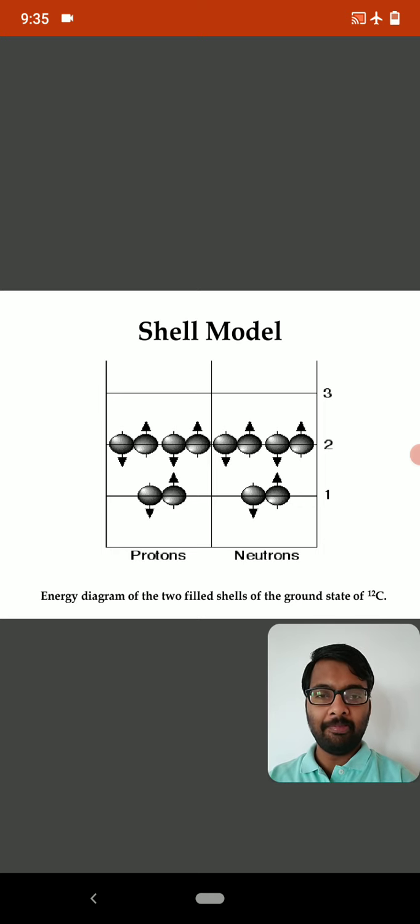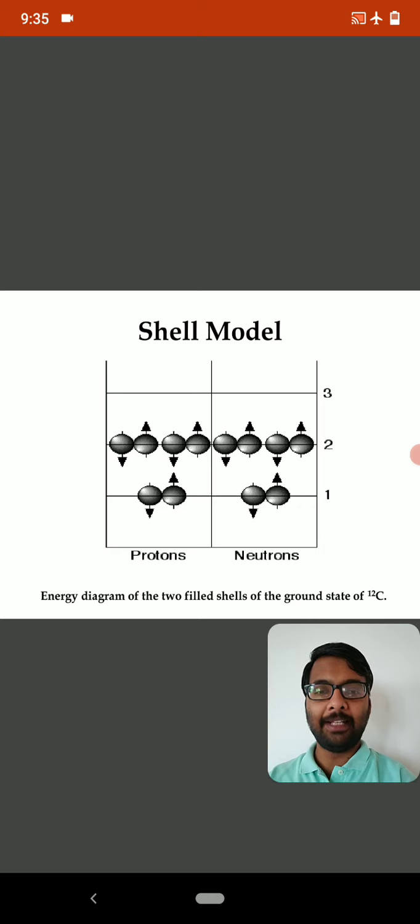It is very much similar to the arrangement of electrons in the orbits in an atom, like 1s, 1p, 2s, 2p, 3s, the same shells. In these shells, nucleons are arranged in the same manner as electrons in an atom.